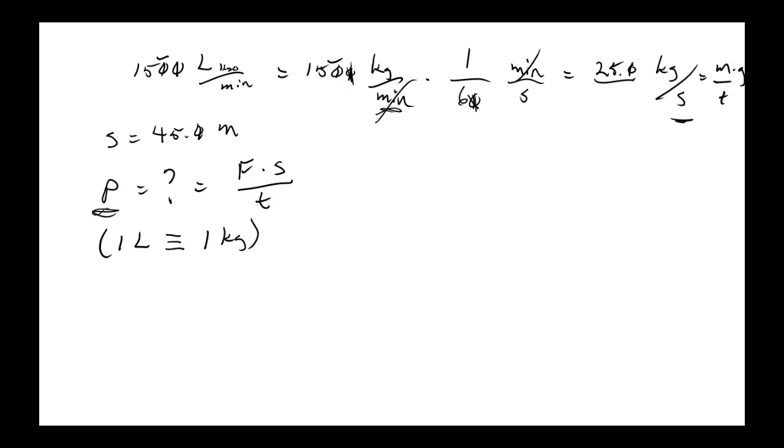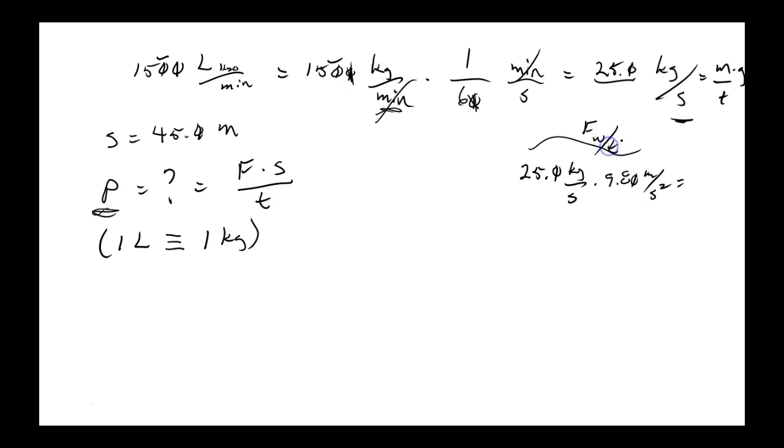Force per unit time. Well, what is g? This is 25.0 kilograms per second times 9.80 meters per second squared. And that will give us, you can multiply that if you want, or we'll hang on to it and do it later. This gives us the force. That's force per unit time, by the way.